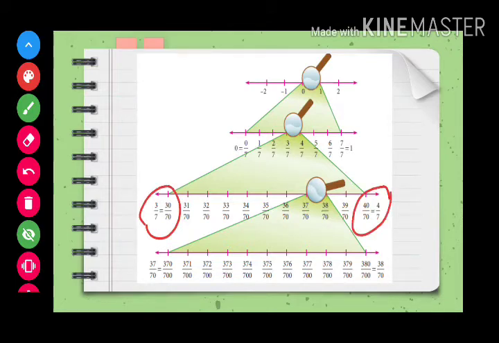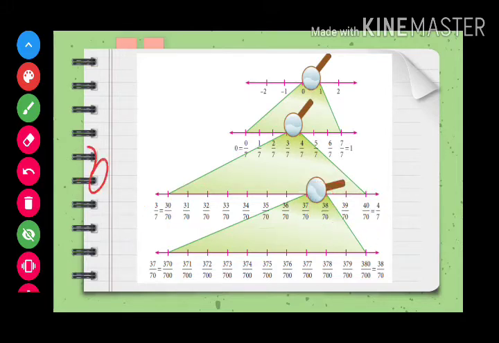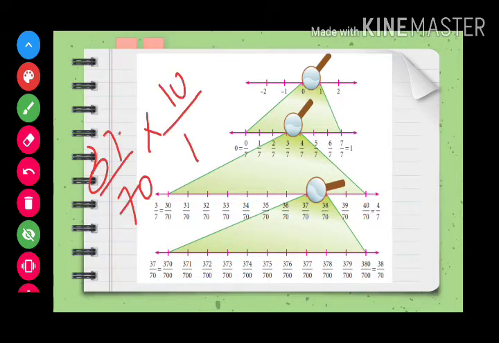Between 30 by 70 and 40 by 70 we can write 9 different rational numbers: 31 by 70, 32 by 70, 33 by 70 and so on. In that we can still further take 37 by 70 and 38 by 70 and multiply both the numbers by 10 again. 37 by 70 into 10 by 10 will give us 370 by 700.